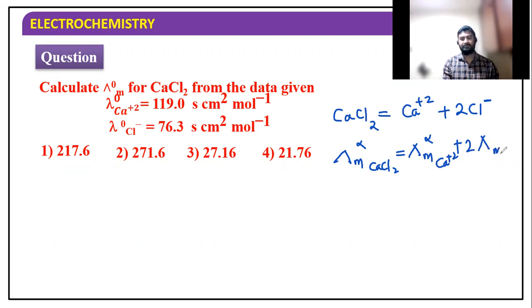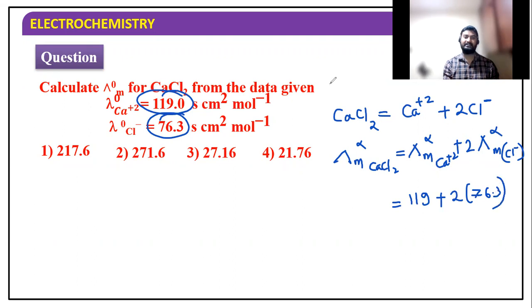Now just put in the values and get the answer. Lambda of calcium is 119, so 119 plus 2 times the chloride value, which is 76.3, and you shall get the answer.